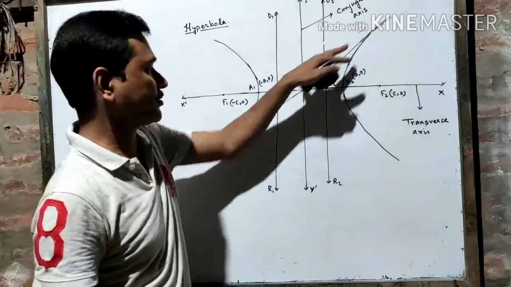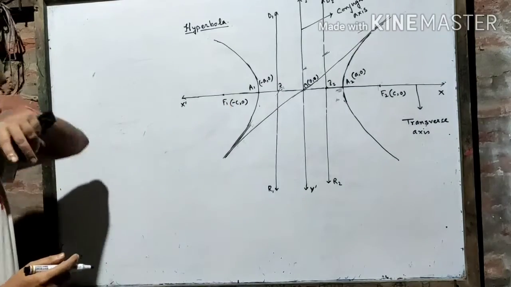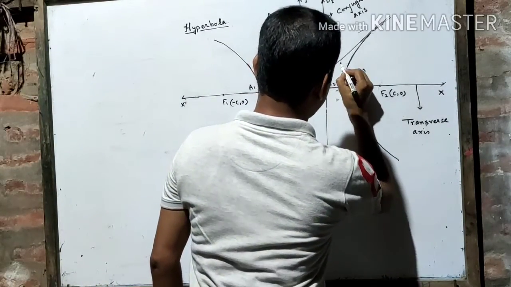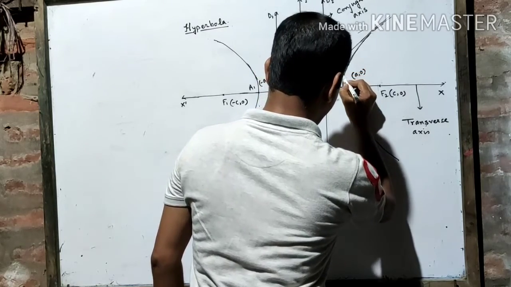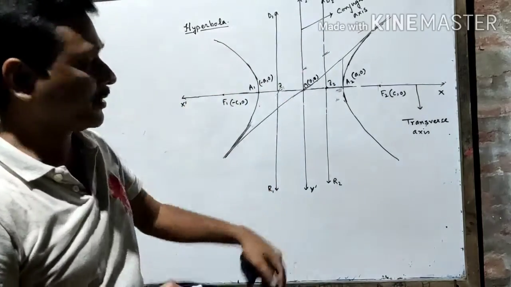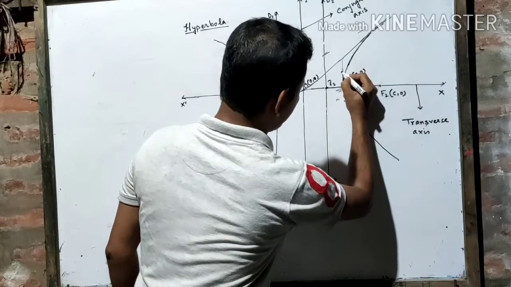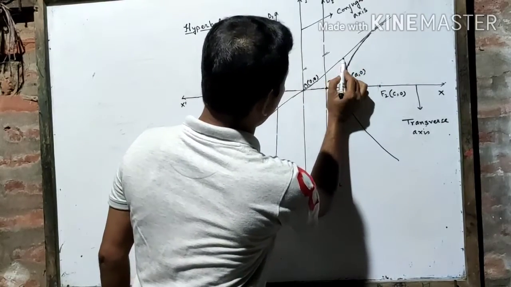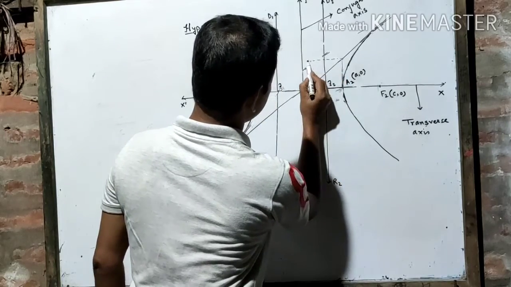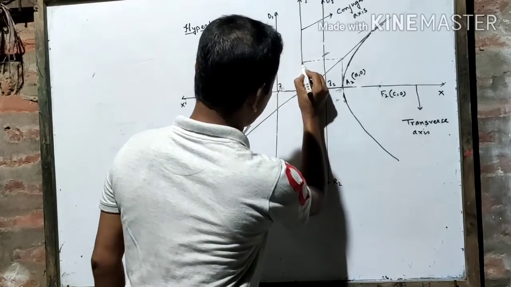This is a tangent passing through the center, meeting the two curves, this part and that part. Now draw a line from the vertex, not perpendicular, but parallel to the conjugate axis. Then this length is the length of the semi-conjugate axis.